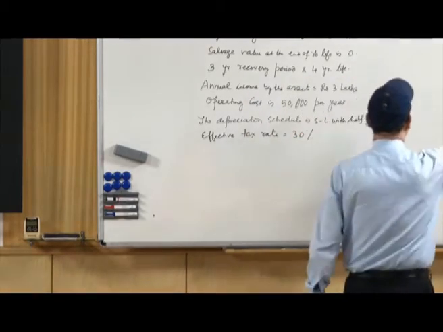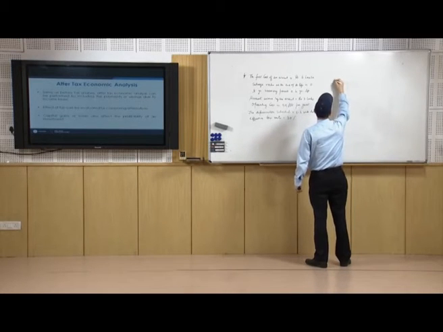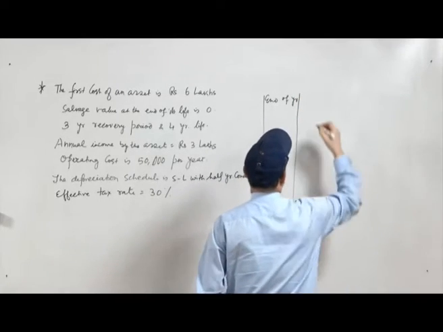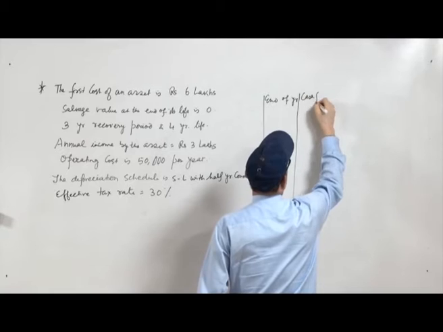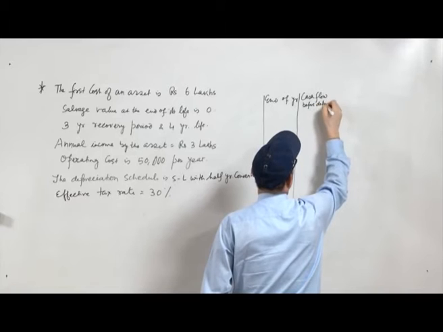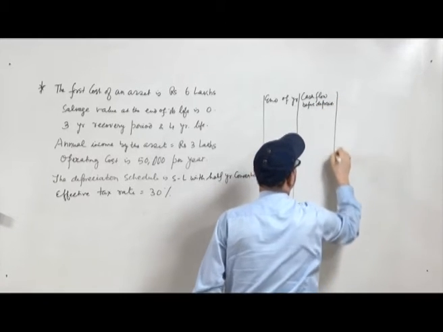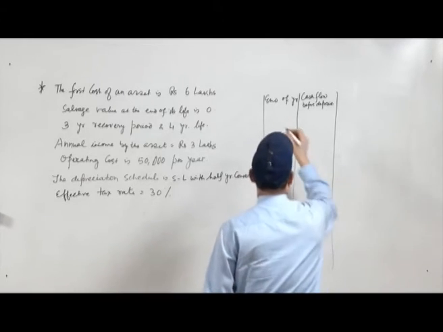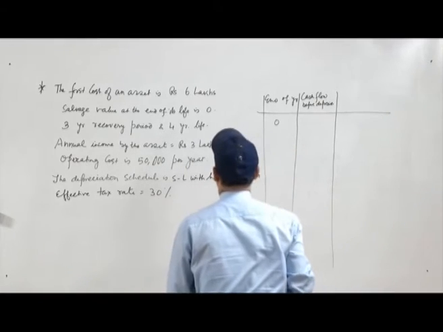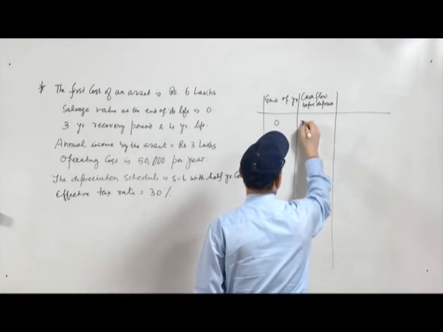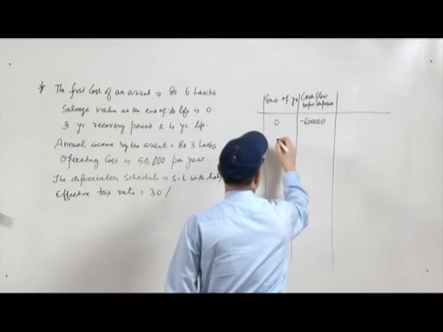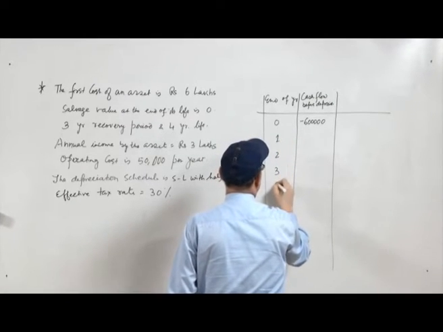So, we can have the table. The table has end of year, cash flow before depreciation, and tax. In the year 0 we put 6 lakh, then years 1, 2, 3 and 4.